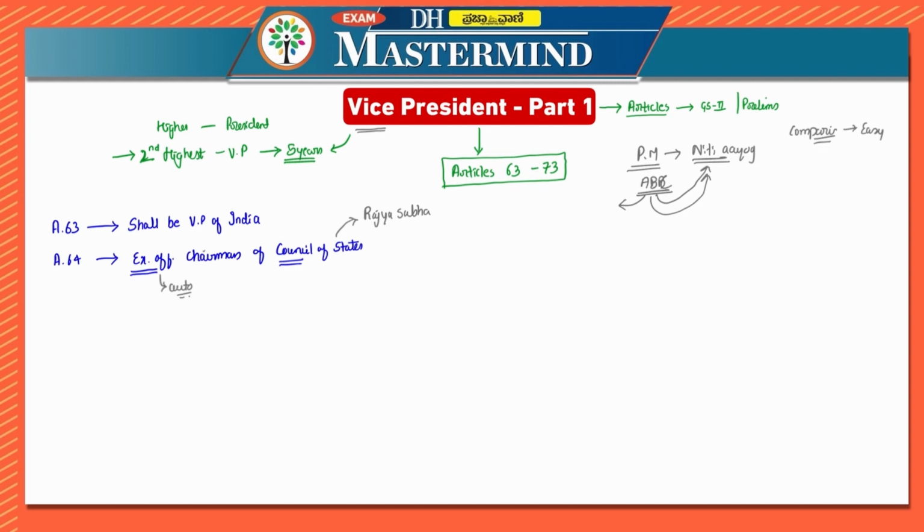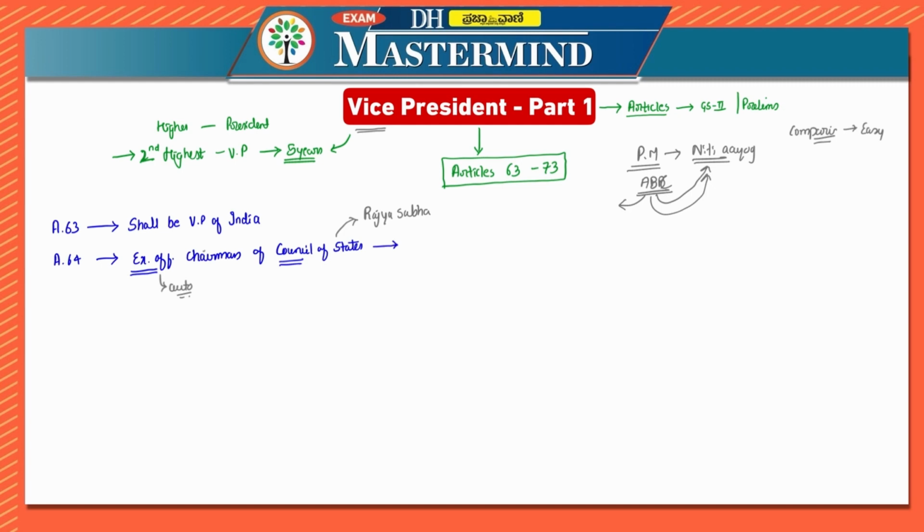The article itself says that the Vice President shall be ex officio chairman of the Council of States and shall not hold any office of profit.